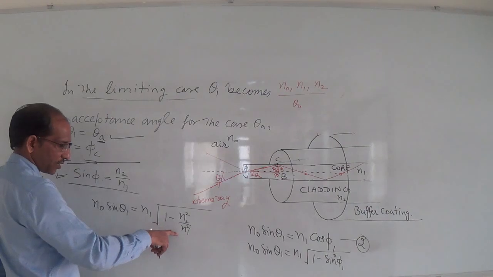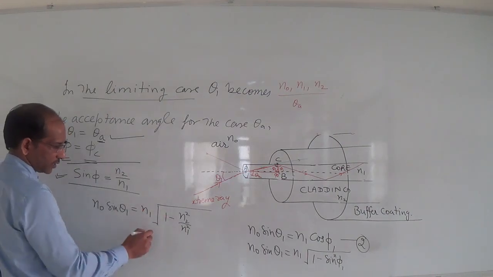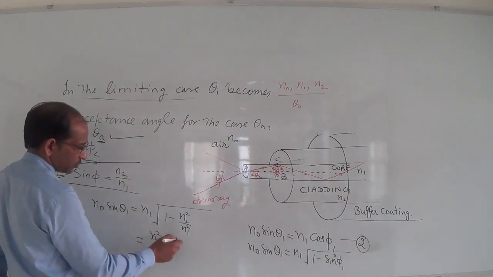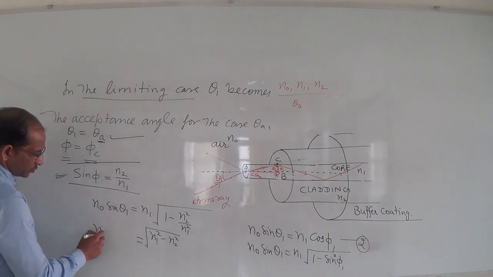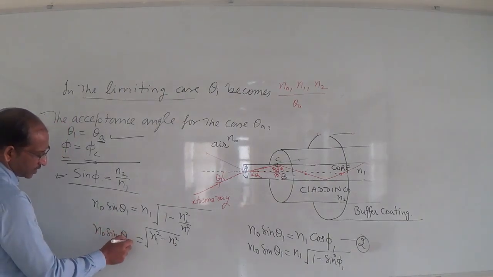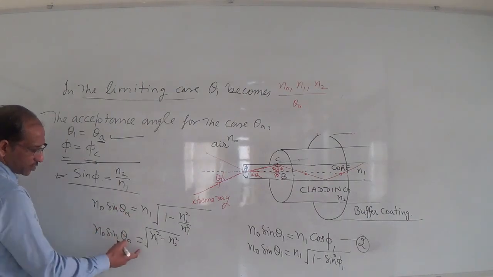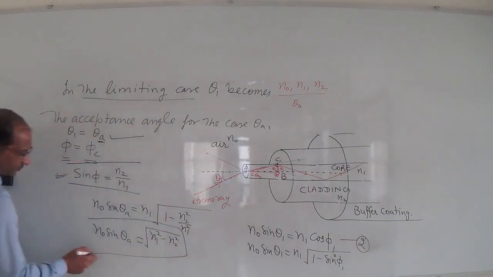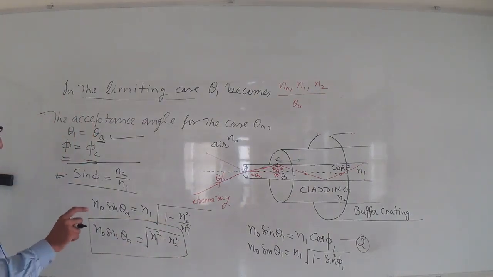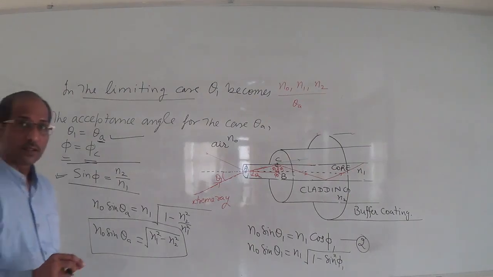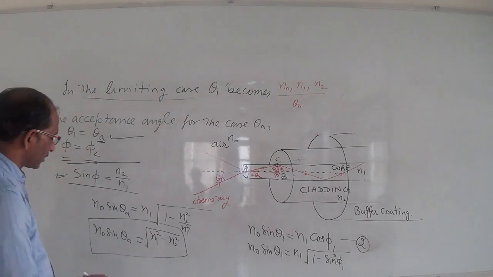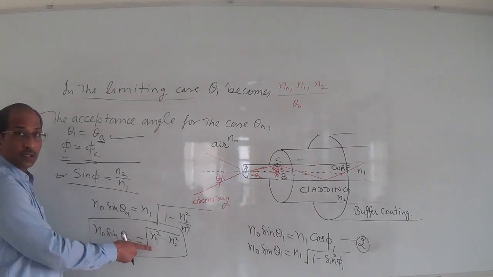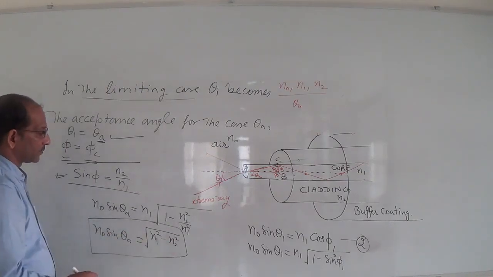When n1 square comes out from this root, that cancels out, so you have only square root of n1 square minus n2 square. So n naught sin theta A is equal to square root n1 square minus n2 square. From this mathematical derivation we have obtained this result.